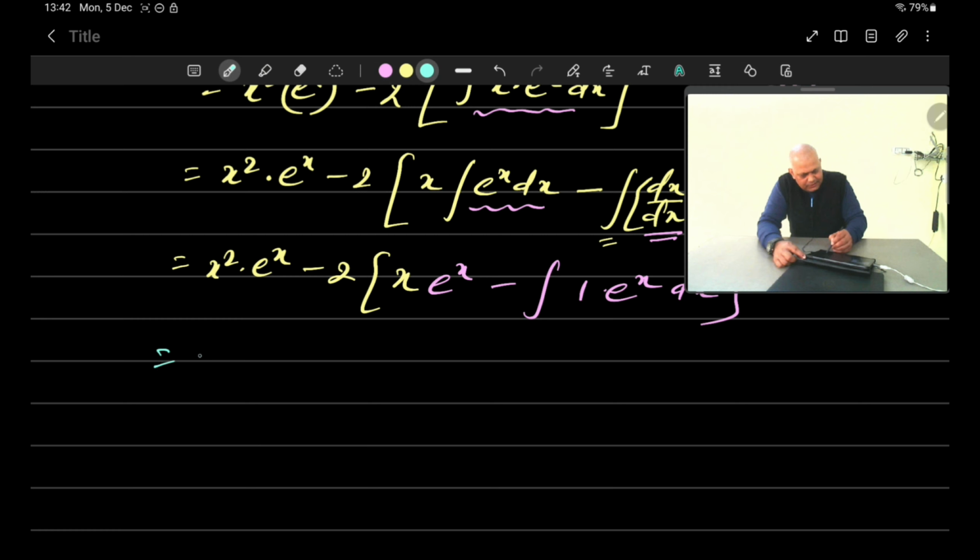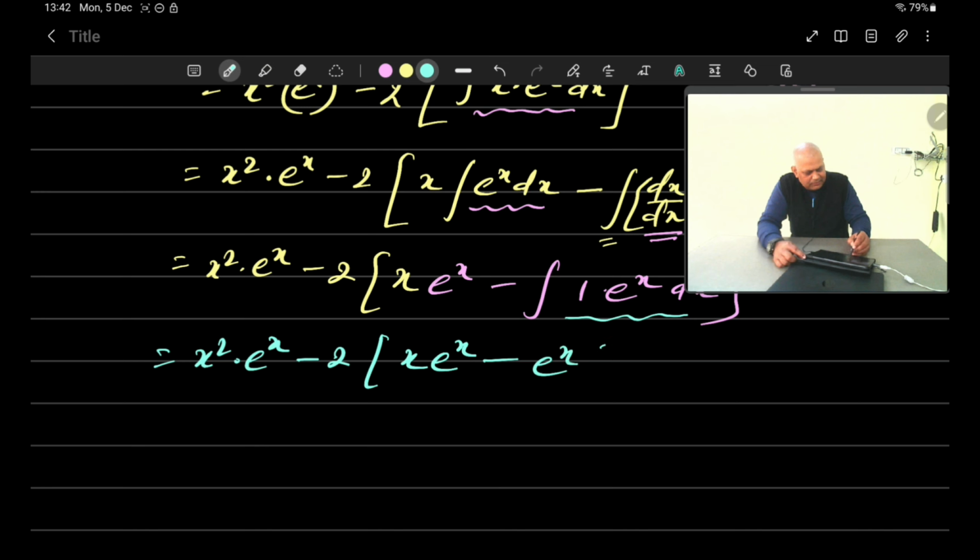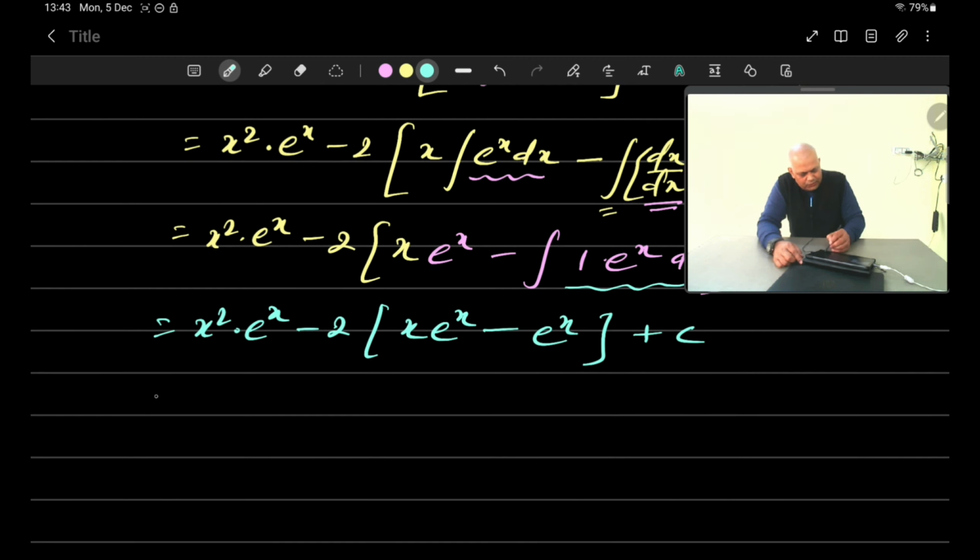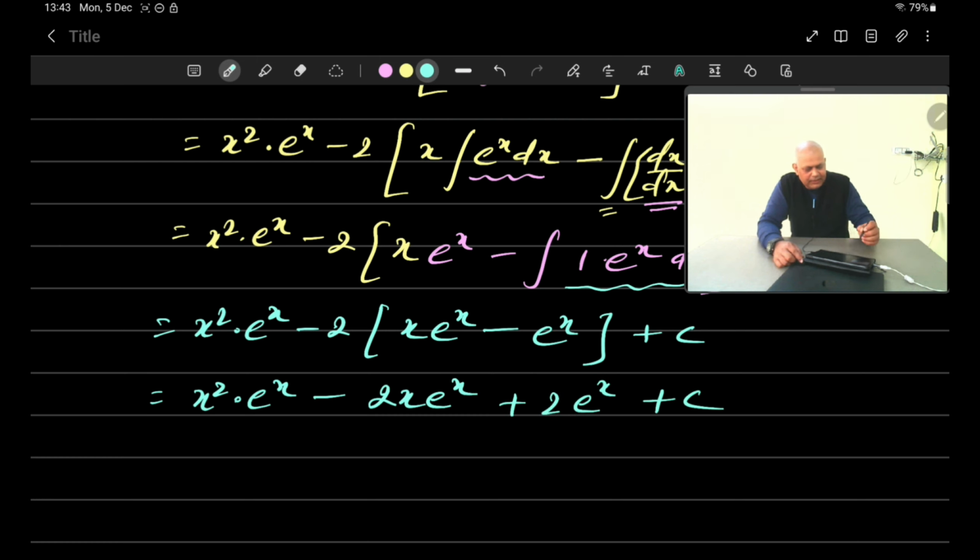Now you can write x squared times e to the power x minus 2 times the integration of x e to the power x, minus the integration of e to the power x, which is e to the power x. And now there is a constant for all, the integration constant c. So you can write x squared times e to the power x minus 2x times e to the power x plus 2 times e to the power x plus c.